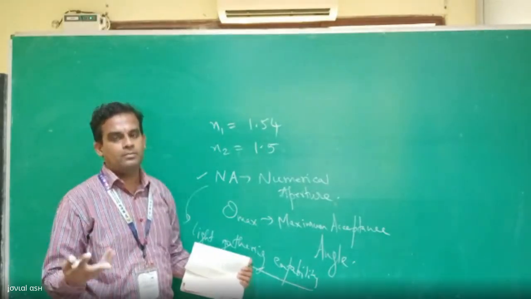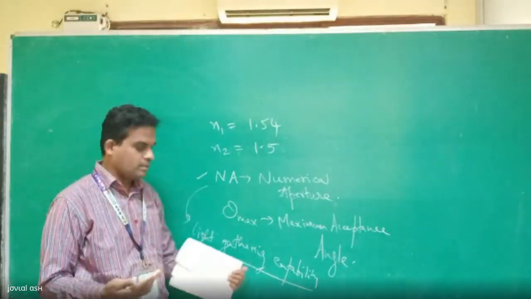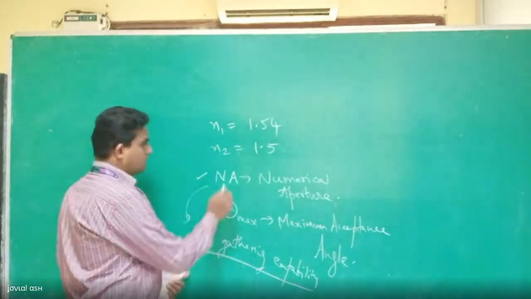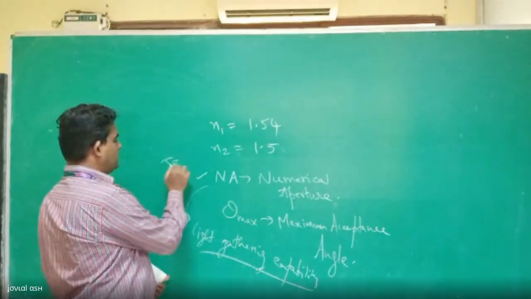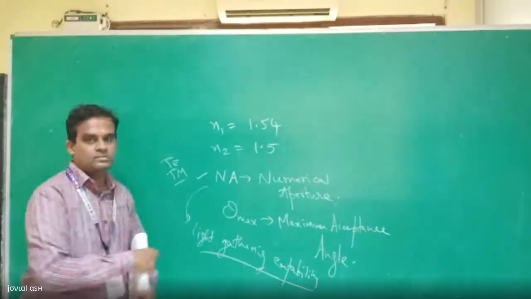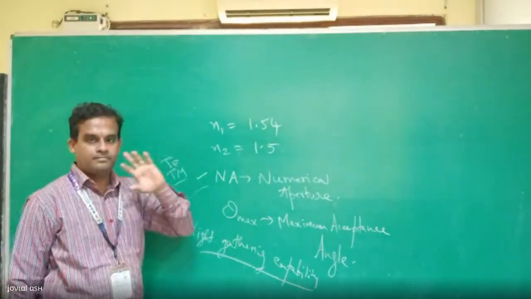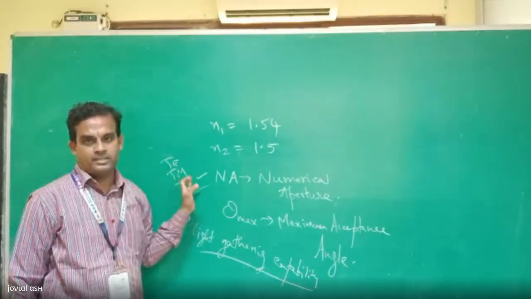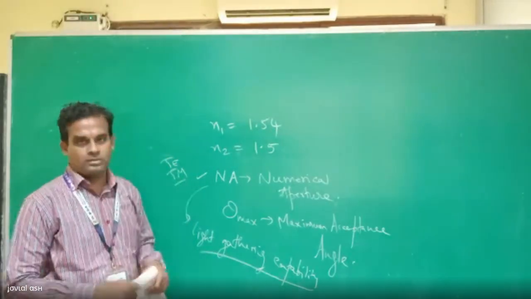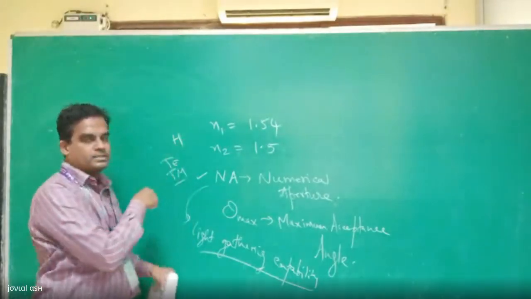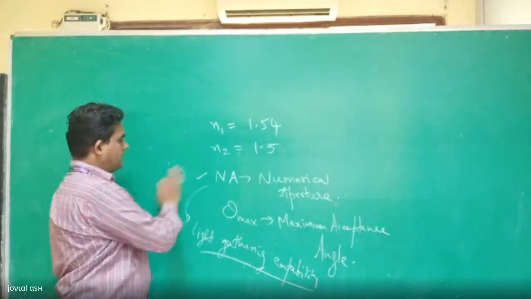That talks about the light gathering capability. Here you come across TE mode and TM mode, the different propagation of light in transverse electric mode or transverse magnetic mode. It can be a combination of both, so we also have hybrid mode of propagation. We'll come to that later.